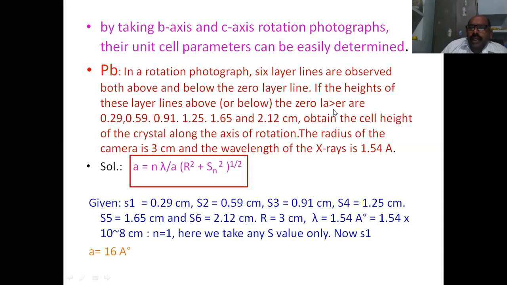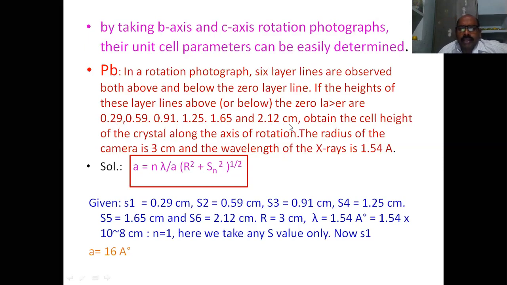So the layer lines above the zero layer line are at 0.29, that is the first layer line, we can call it S1, and then 0.59, 0.91, 1.25, 1.65 and 2.12 centimeter.